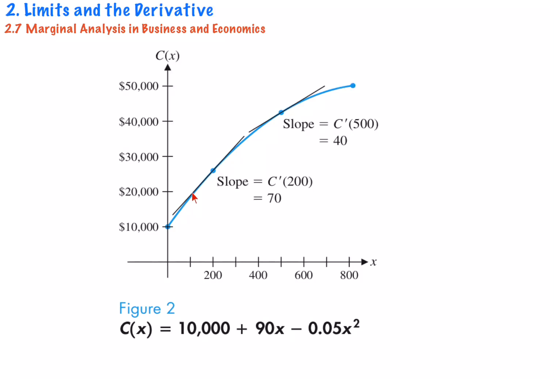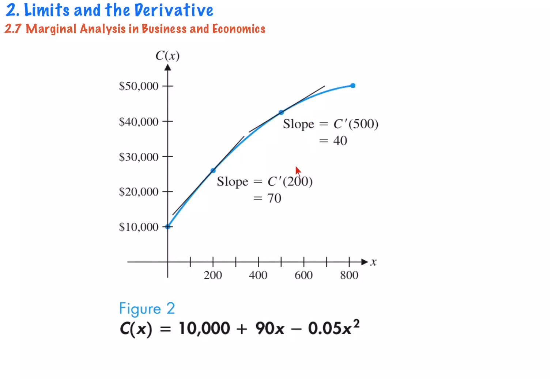It's easy to visualize: when producing 200 items, the slope is 70, which means the next item will cost $70 to make. When the item is 500, the slope is 40. So the slope is decreasing as production increases.